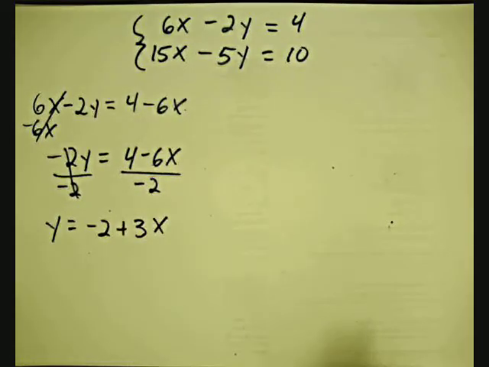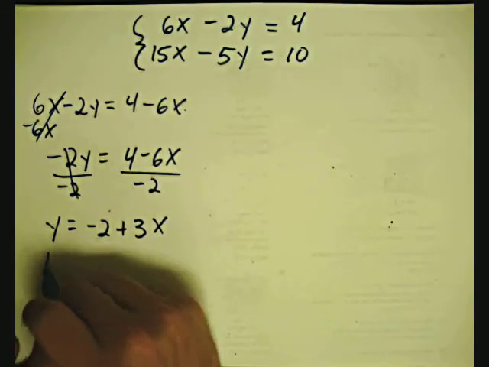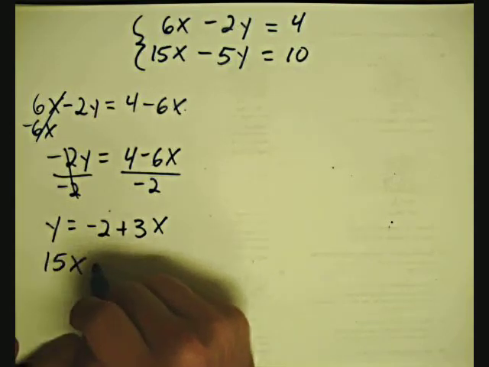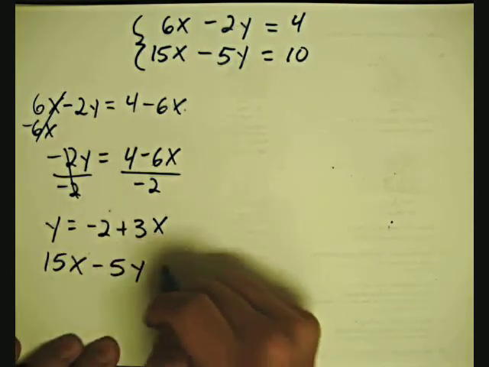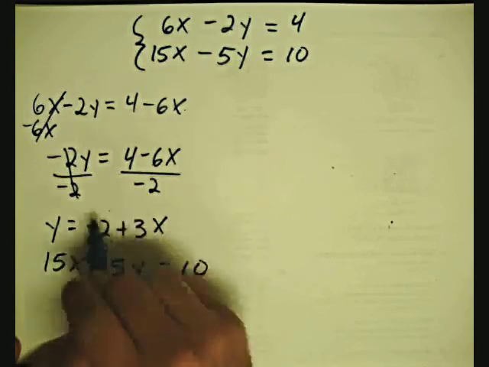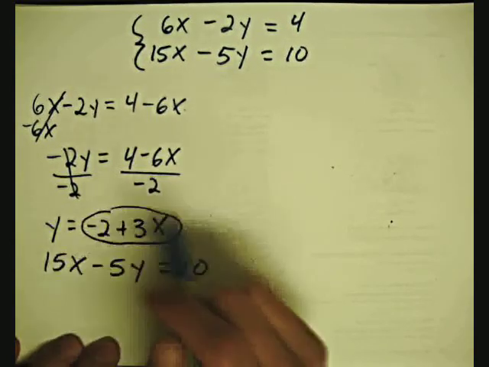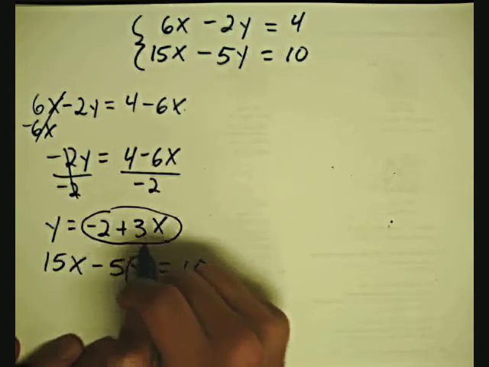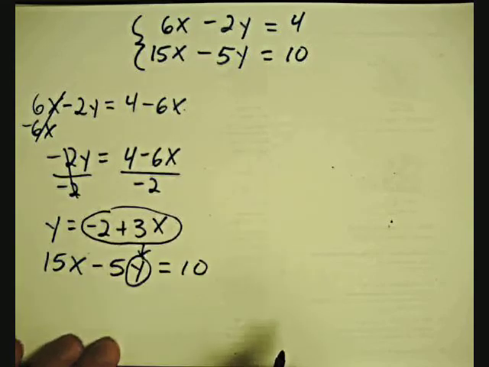So there's step 1. Step 2, we want to take that for y and substitute it into our second equation. The second equation is 15x minus 5y equals 10. So we are taking minus 2 plus 3x and putting it in place of y.